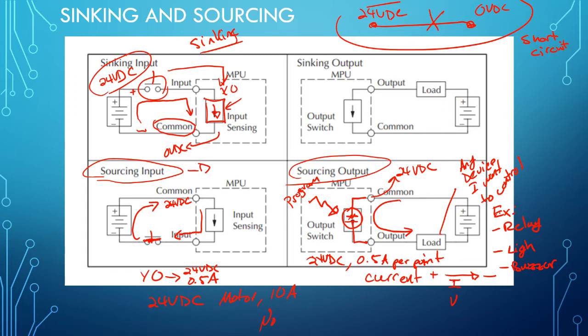And what you would use is, let's say Y0 is right here, right? And your common is right here. Probably 24 volts DC to your common. Turn on a control relay.